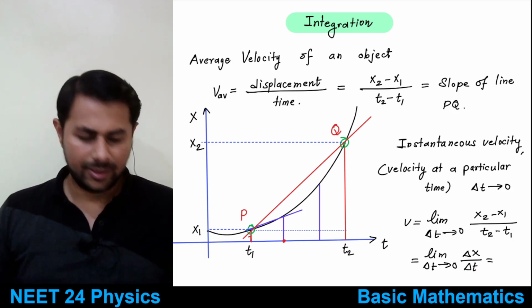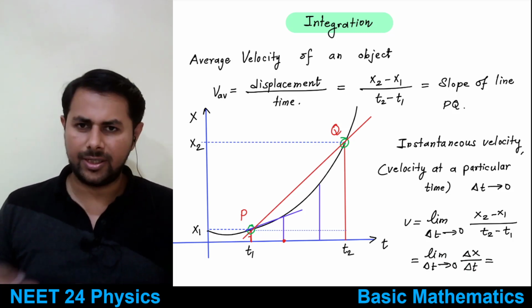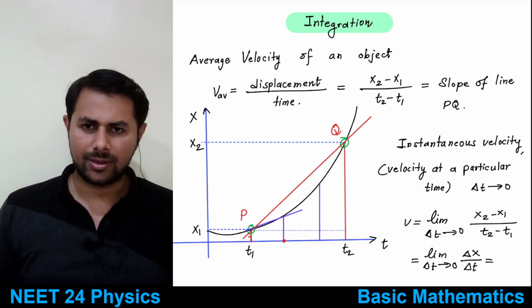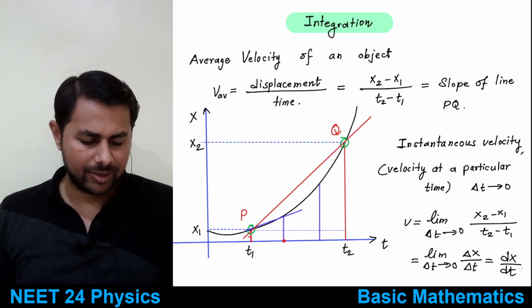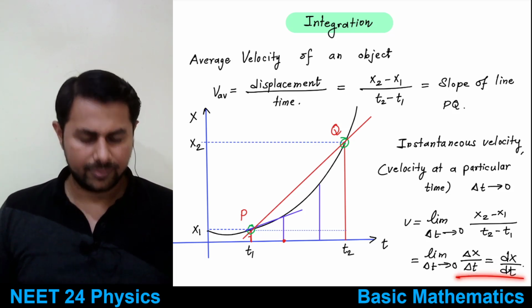So we have been learning the same thing over this lecture. It is dx by dt, the derivative of x with respect to t.